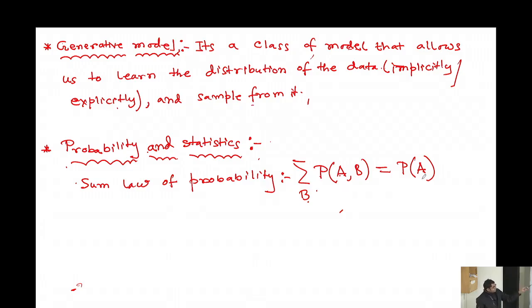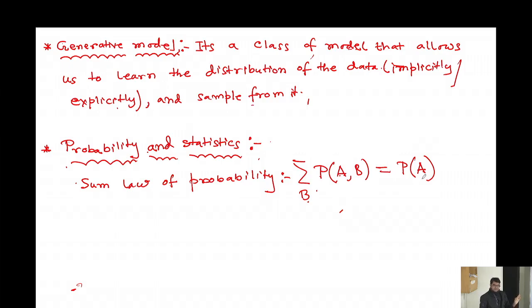And when you do this operation, this is known as marginalizing out. So whatever you are summing over, you are marginalizing out that variable. And whatever is the remaining variable, the distribution you get is known as the marginal probability in this case. And if it is a distribution, then you will call it the marginal distribution.